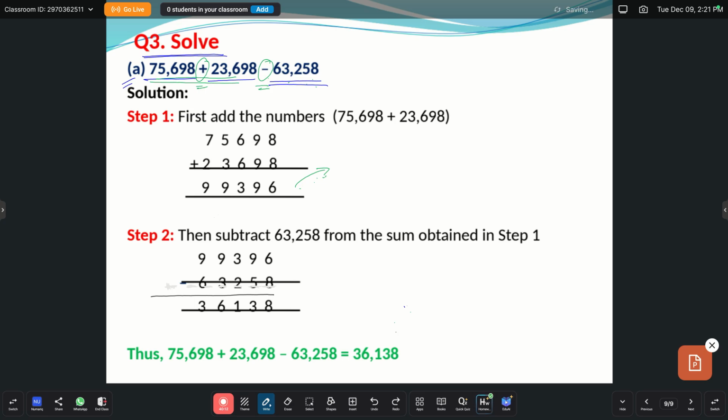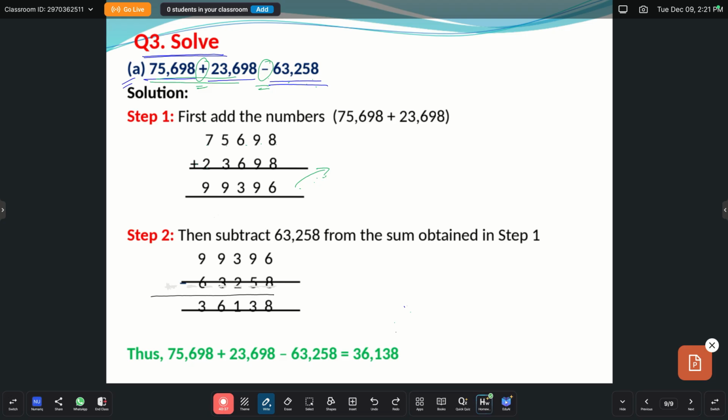So I will arrange them in columns and start adding. This is 75,698. In the next row I will write 23,698. Now we start addition from the ones column.